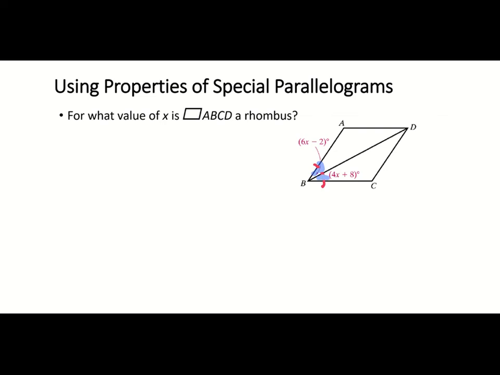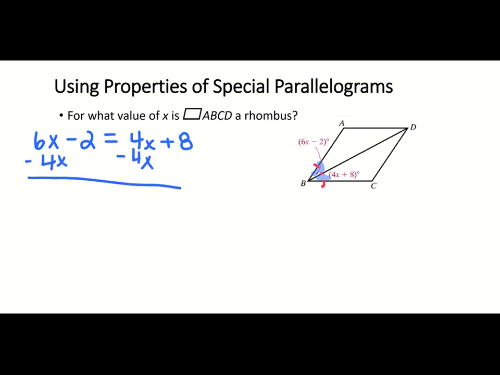So to find the value of x, I'm going to set both expressions equal to each other. So I'm going to do 6x minus 2 is equal to 4x plus 8. Solve the equation, so I'll subtract 4x.